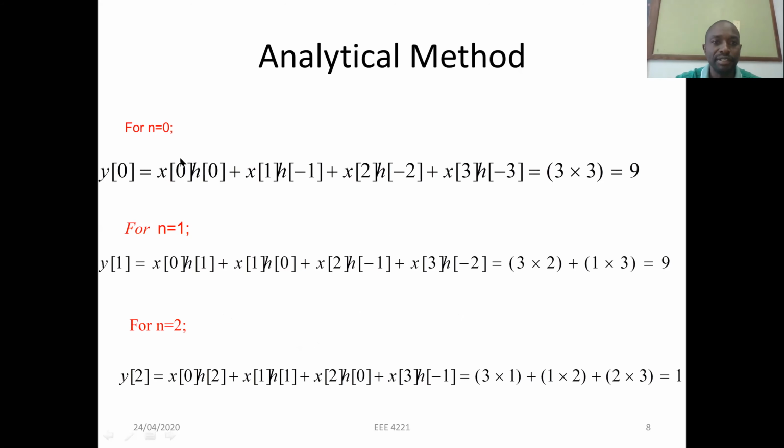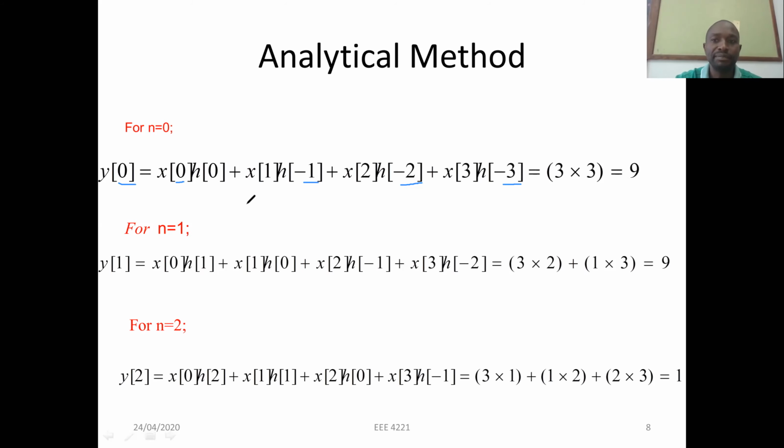Then we're going to get x of 0, and wherever we had n, we put a 0, this will be h of 0, then -1, -2 and -3.